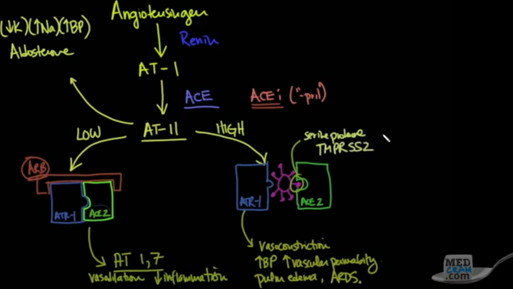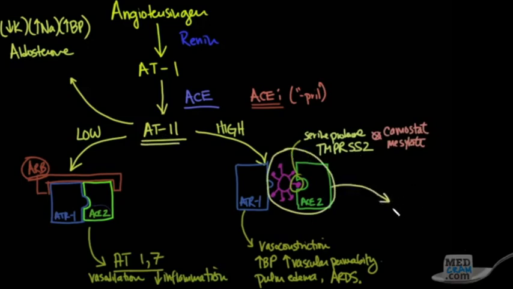Now that can be inhibited with something called camostat mesylate, and that is undergoing trials right now. Interestingly, when you have high levels of AT2, this entire complex can get degraded into lysosomes.